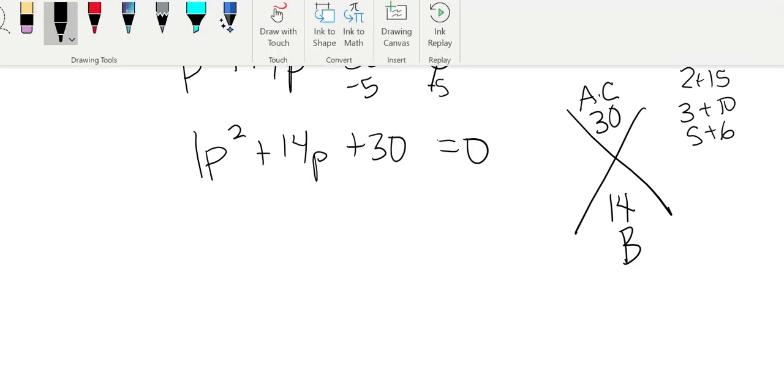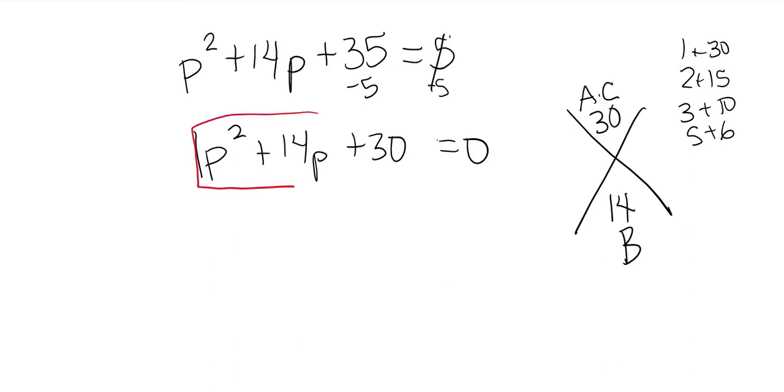When we complete the square, we want to focus on our variable terms and what value must be added to make p squared plus 14p a perfect square. There's a formula for that.